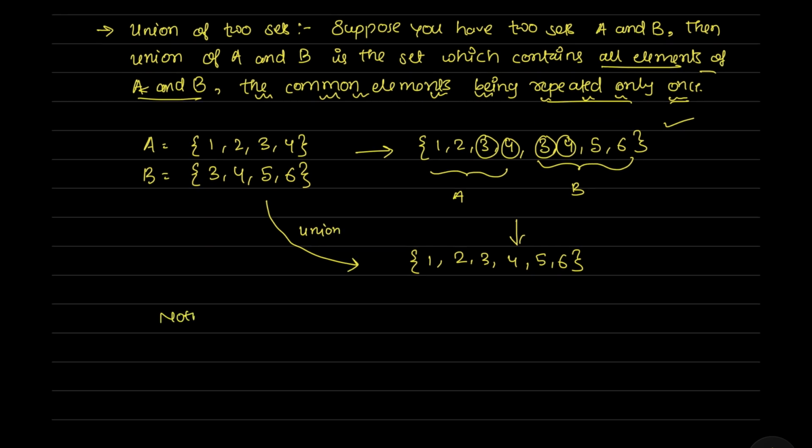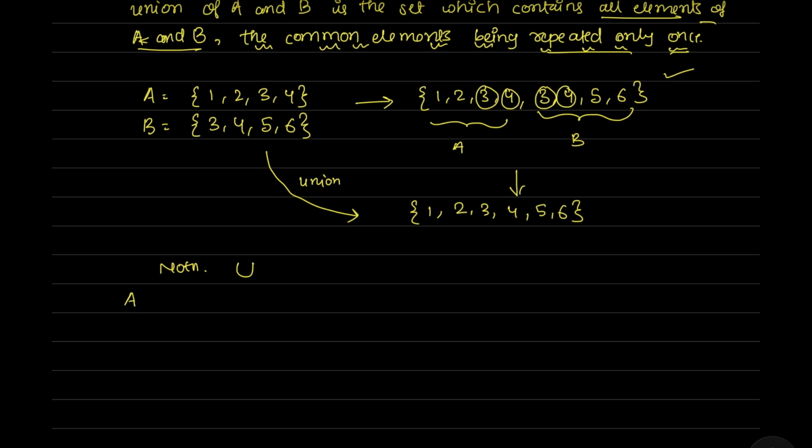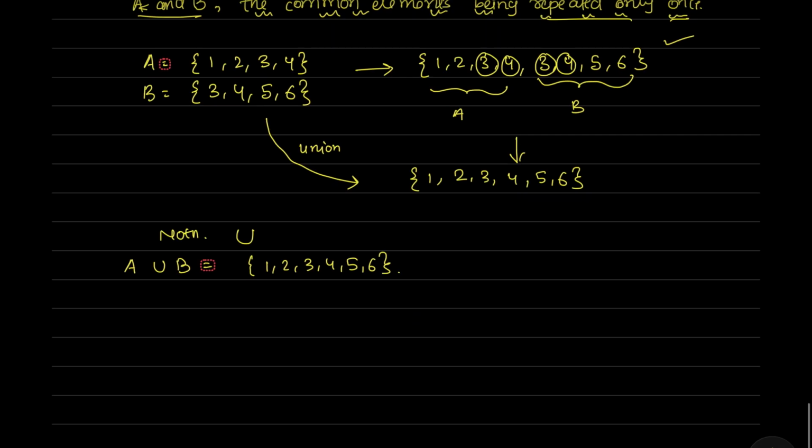Notation, this U, or you can write A union B in our case is equal to 1, 2, 3, 4, 5, 6. Done.